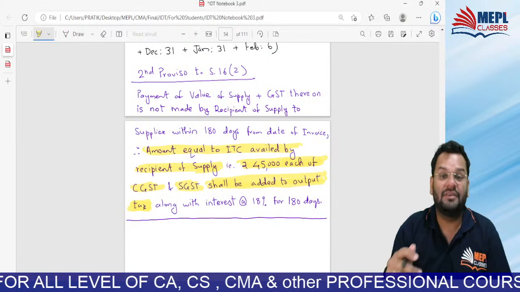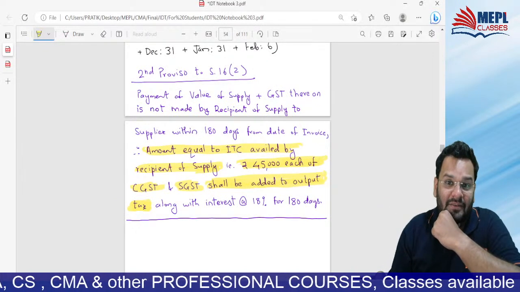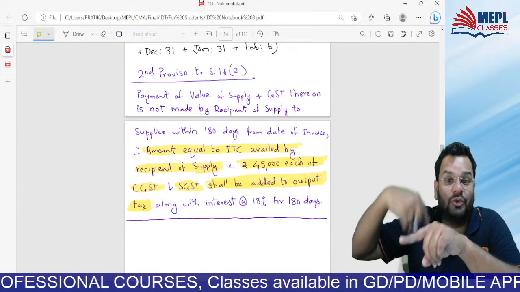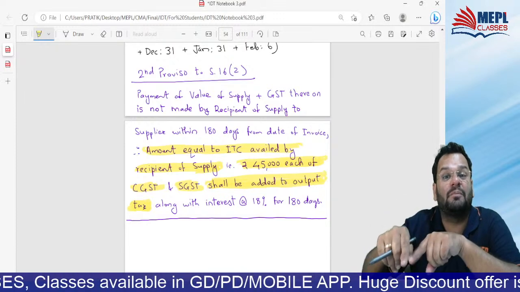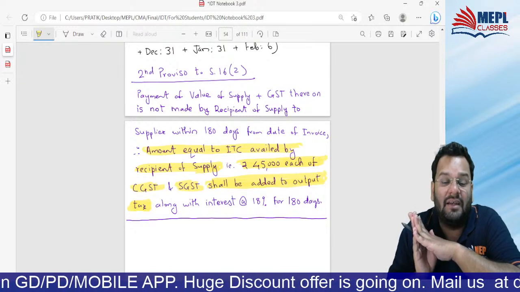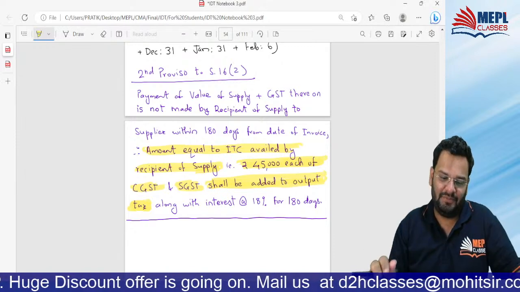So now comes the third proviso. If subsequently payment is made of value plus GST to the supplier, then the recipient of supply can again avail ITC. So now we can again avail ITC of 45,000 each. Agreed?